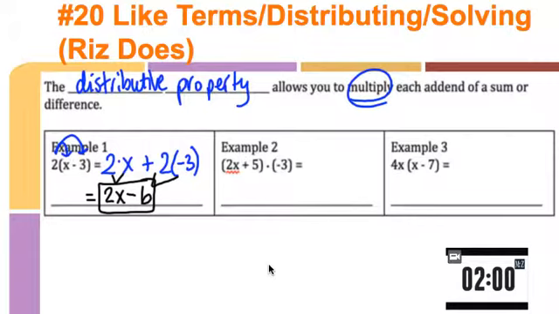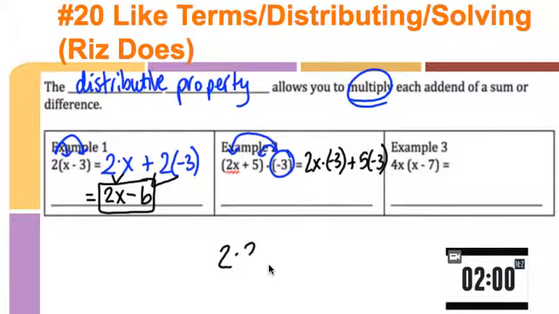Okay. Now example 2 is only slightly different. It says 2x plus 5 multiplied by negative 3. So in this case, the negative 3 is what you're going to multiply by each of the terms in the parentheses. So I'm going to say 2x multiplied by negative 3, and then positive 5 multiplied by negative 3. Remember, it doesn't matter if it's on the left or the right, since multiplication is commutative.